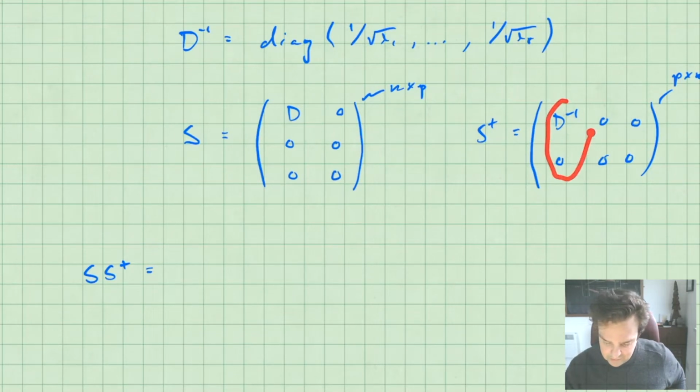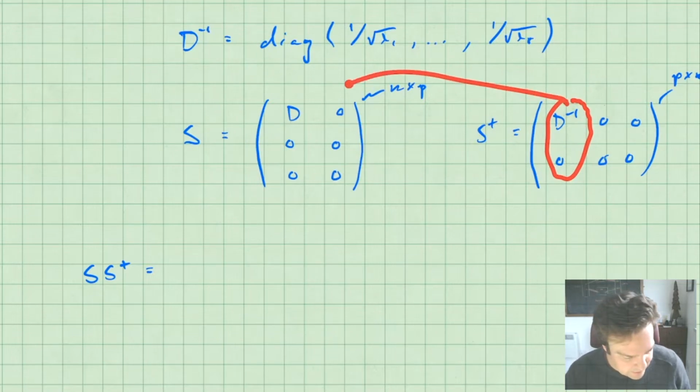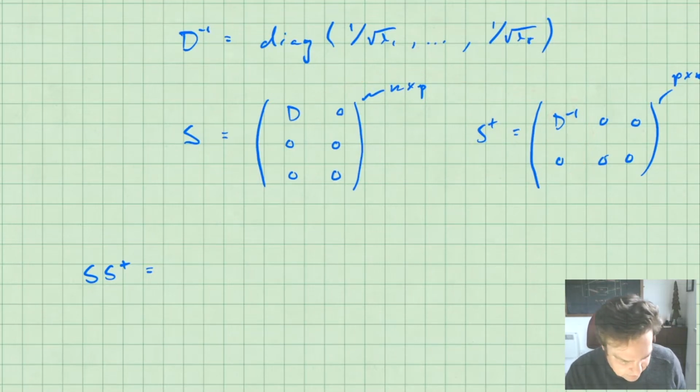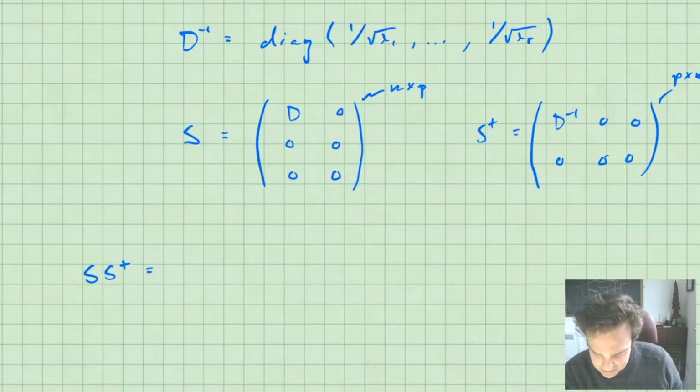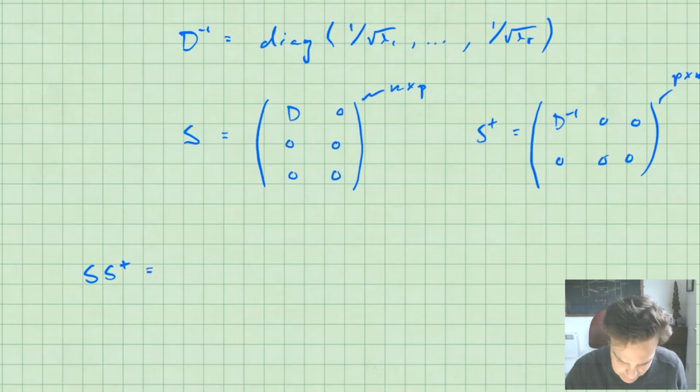These guys come over here and multiply this, and so on. What you're going to get is something with dimensions n by n. S times S plus will have dimensions n by n, and in the top corner of it, there's going to be an identity matrix of size r.